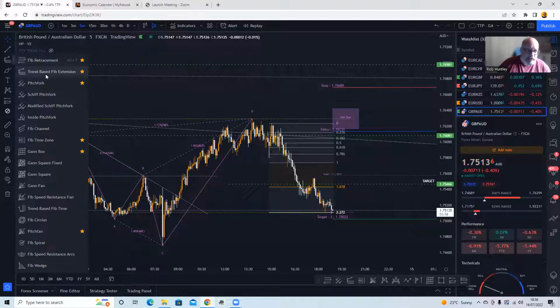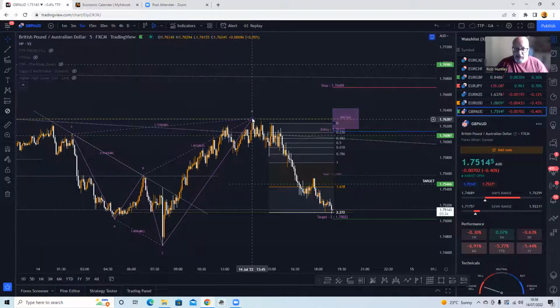And then if you go down the list there, you've got fib retracement and then trend-based fib extension. I haven't used a pitchfork for quite a while now, so I might take that off my toolbar because I don't really use it that much. So trend-based fib extension is just there.